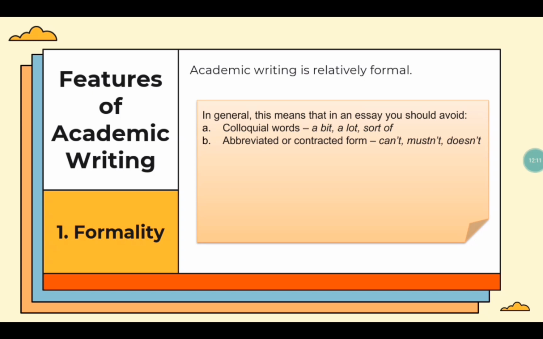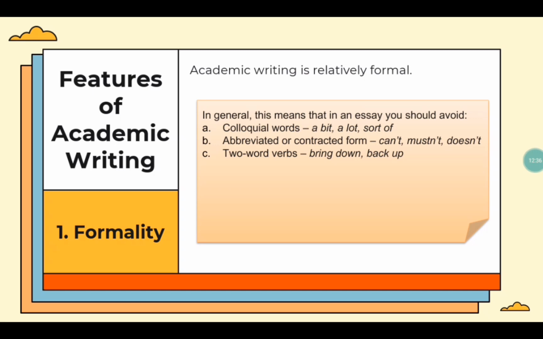Another thing you should avoid in academic writing is abbreviated or contracted forms of words. So these words are shortened or cut short. You don't have to use these in academic writing. Examples are can't, mustn't, or doesn't.